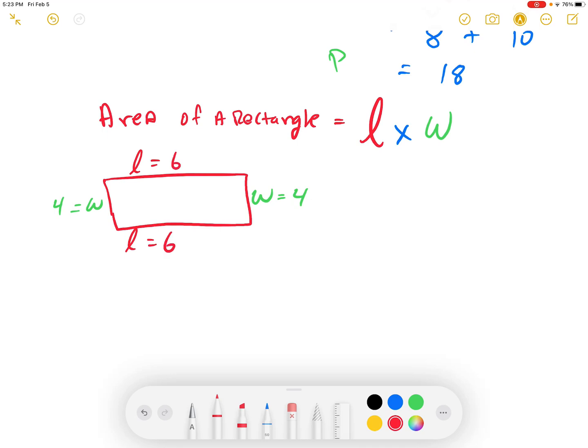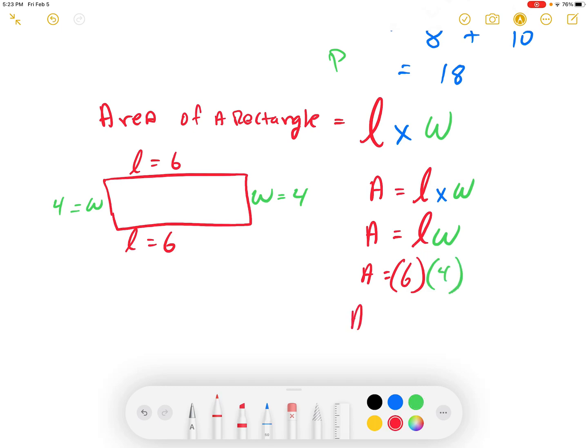All we would need to do is write the equation again. Instead of writing area of a rectangle, I'm just going to write A is equal to the length multiplied by the width. You may also see it written area equals LW, which means L times W. All you would need to do is replace the length with what they said the length is, so that's a 6, and the W with what they said the width is, which is 4, and you multiply that out.